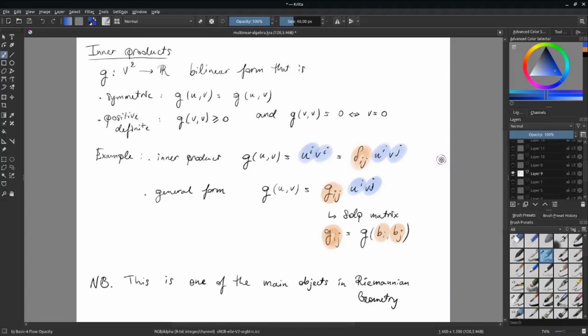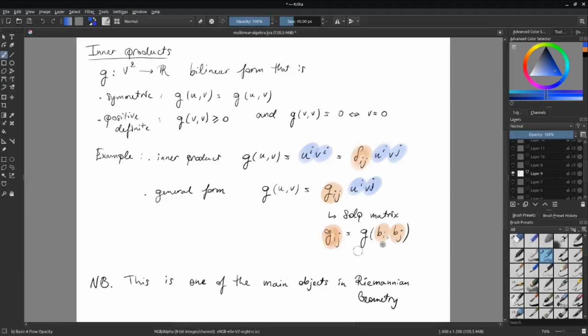But in general form, we can replace this delta ij by some arbitrary gij. And if you were to write this gij as a matrix, like you would, because it has two indices, the condition for it to satisfy these two axioms is equivalent to saying that this matrix is symmetric positive definite.